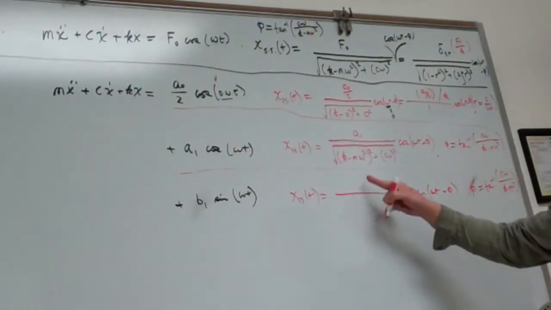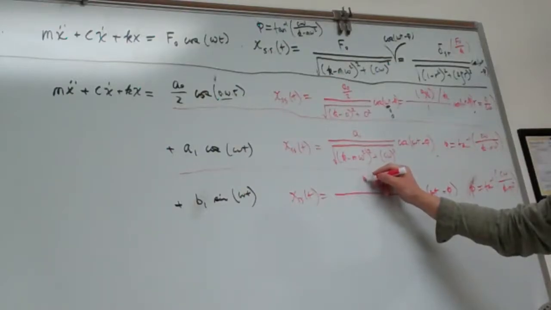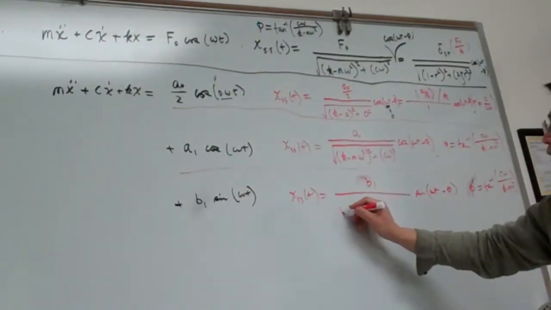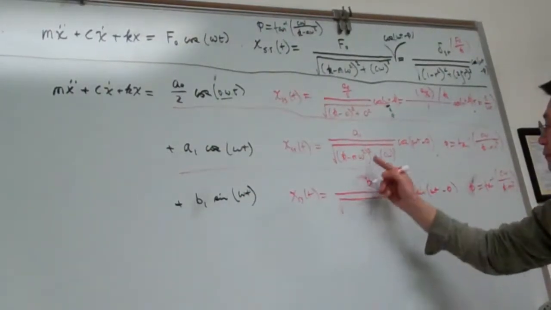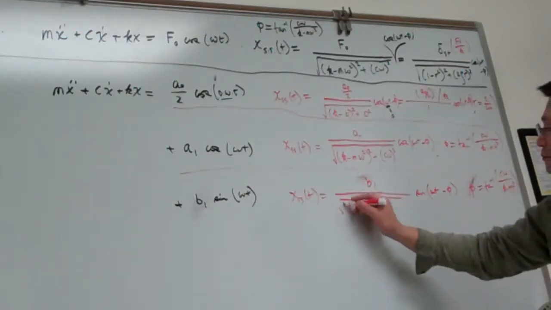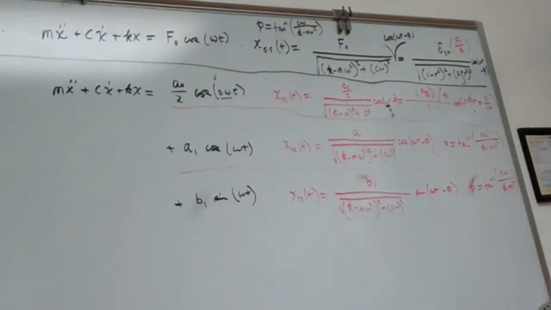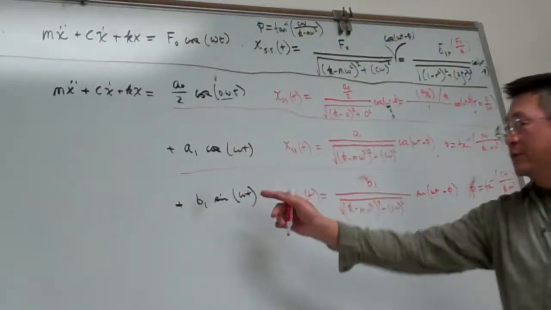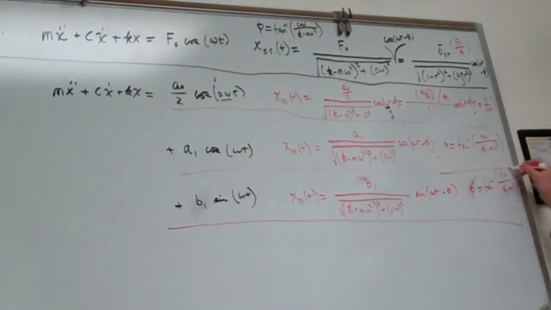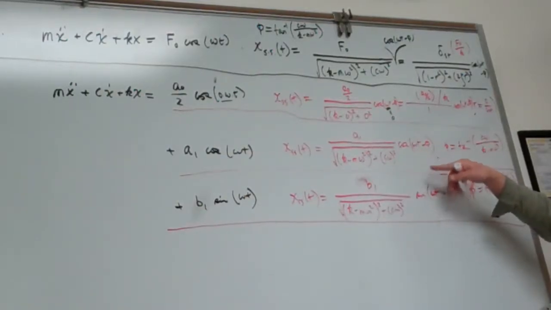And it has the same magnitude with the same denominator, so that is B1. Basically A1 cosine and B1 sine have the same template and the same phase angle, but simply have sine and cosine individually.